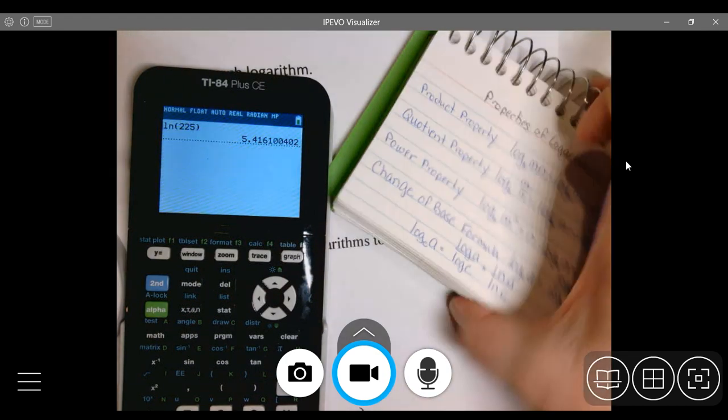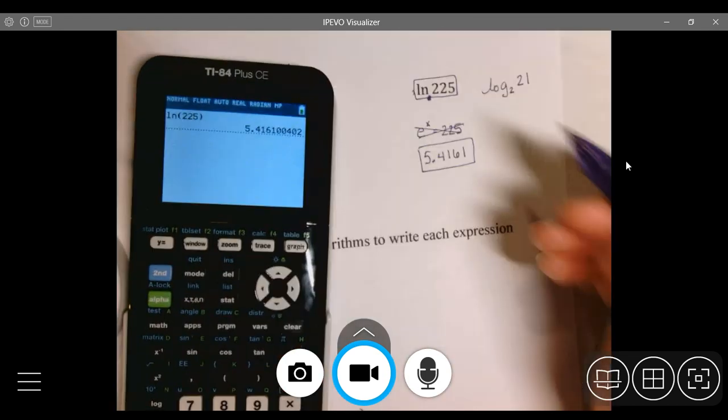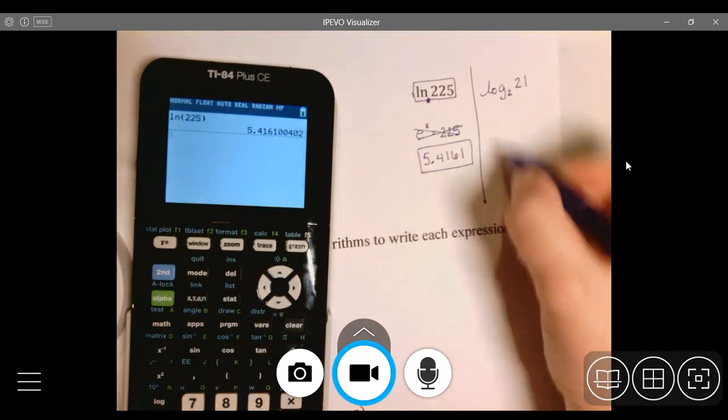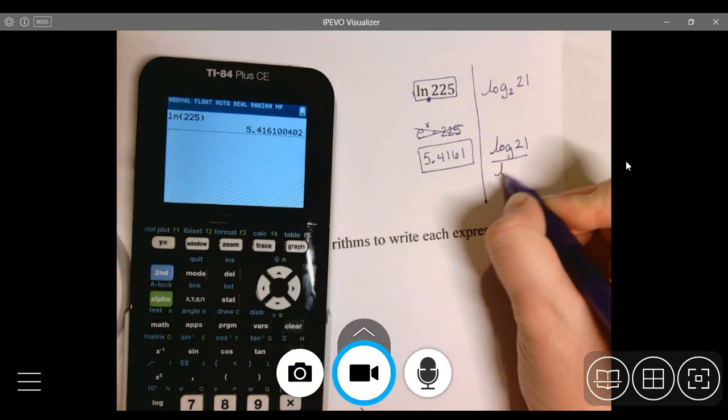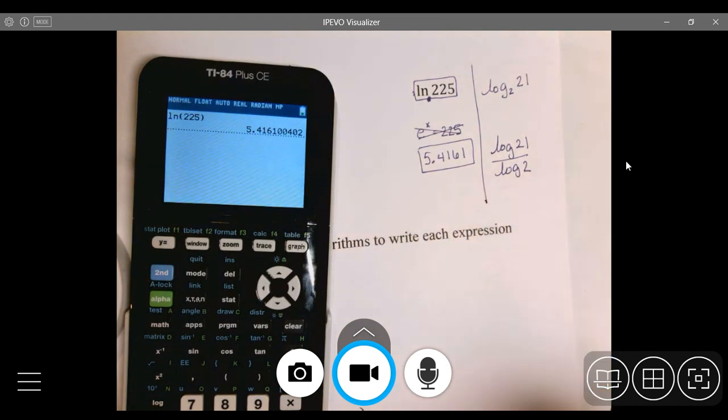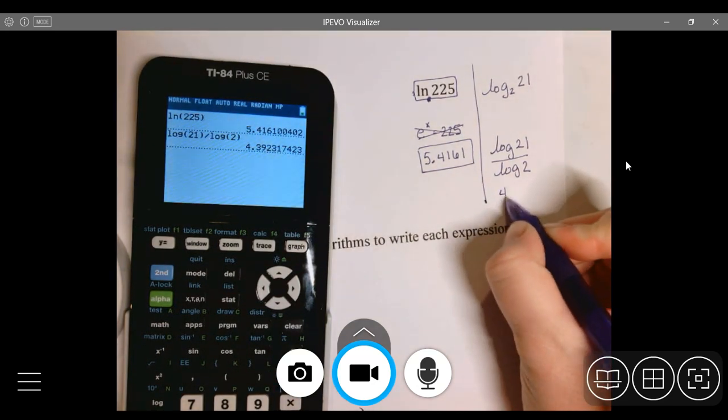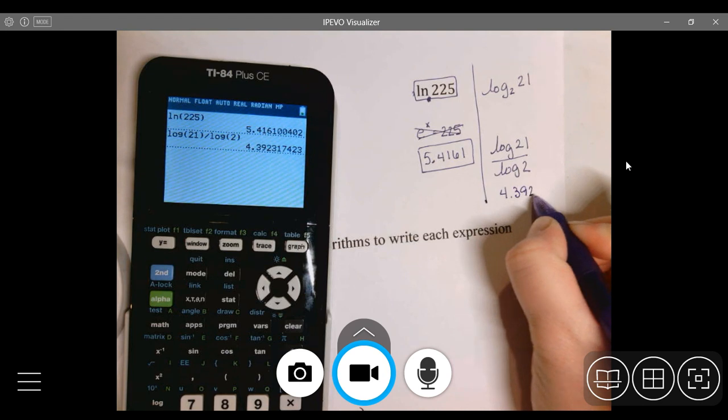So we could do that, which here would put us at log 21 over log 2. And you would just do that on the calculator. So log 21 divided by log 2. You would end up with 4.3923.